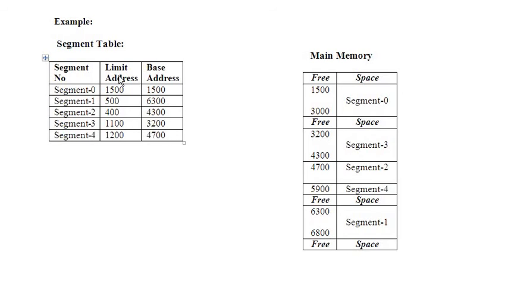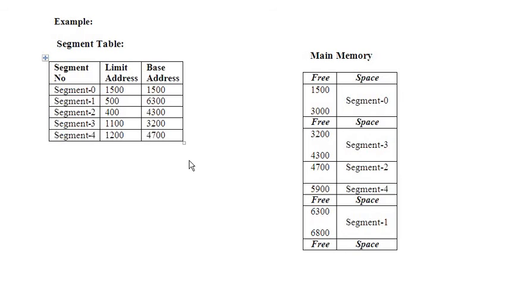Limit and base addresses have been specified here. As I said, the base address is added to the limit to find out the range. For example, here 1500 plus 1500 is 3000. So segment 0 fits in between 1500 to 3000 KB or MB, whatever you specified.